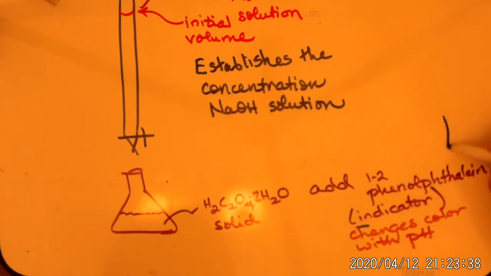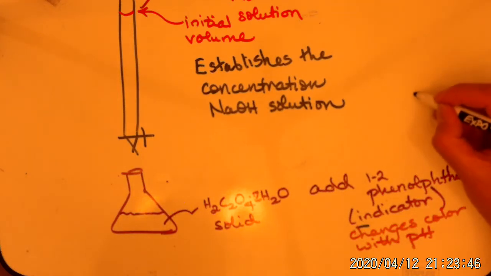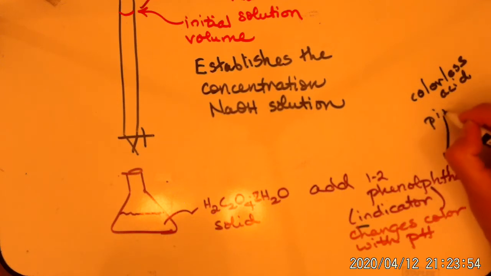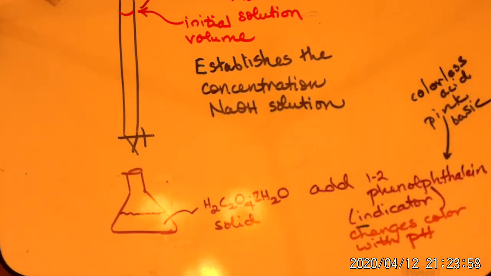Okay, when my solution's neutral, where all of my sodium hydroxide and all of my acid has been used. So we use this as colorless when it's acidic, turns pink when I have a lot of base, so when it's basic.